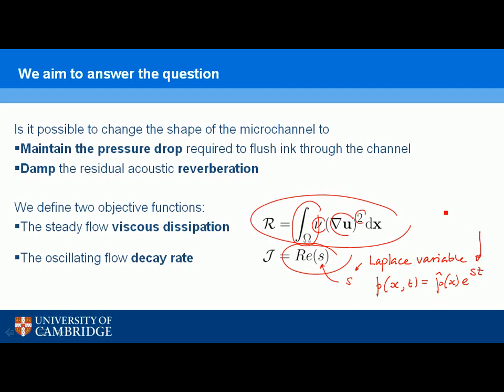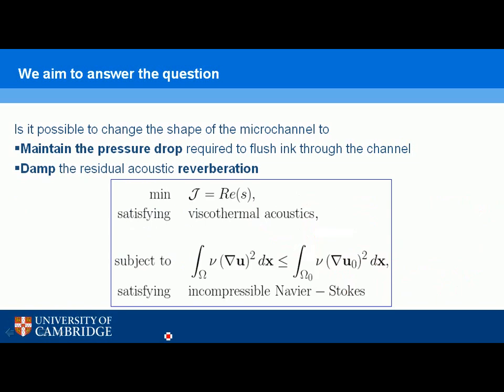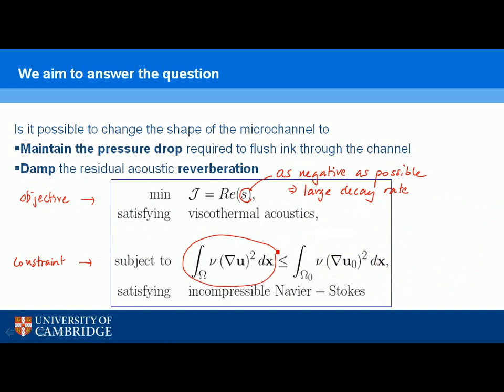And s is a complex number, and the real part of s is the growth or decay rate, and the imaginary part of s is the frequency of the oscillation. To summarize, we have an objective function, which is that we want to change the shape such that s is as negative as possible, which implies a large decay rate, subject to the constraint that the viscous dissipation in the new geometry is less than or equal to the viscous dissipation in the original geometry.